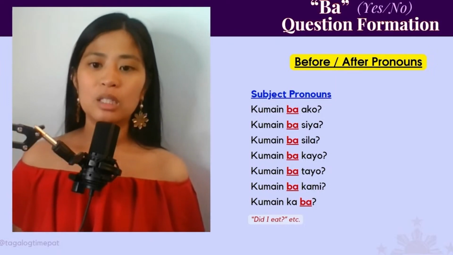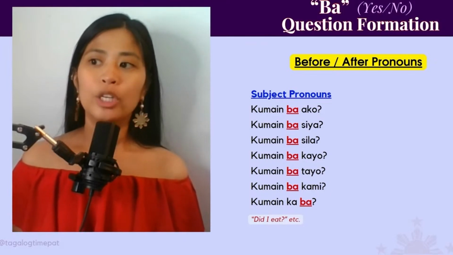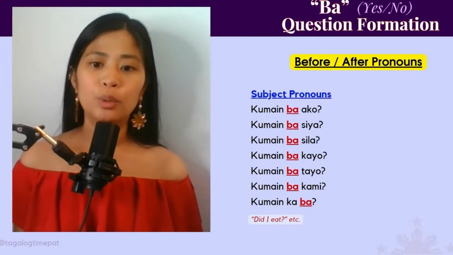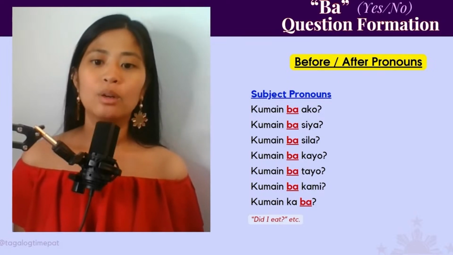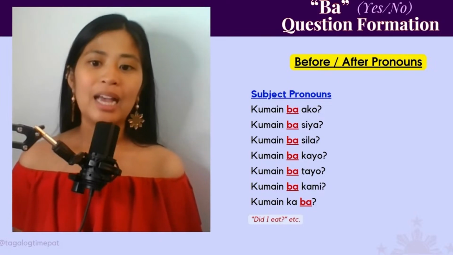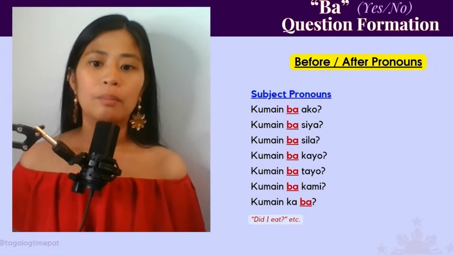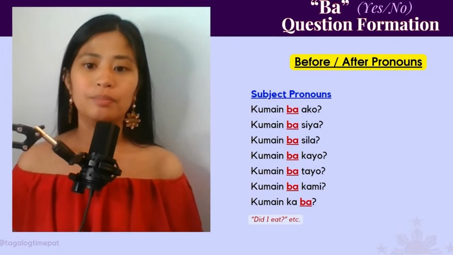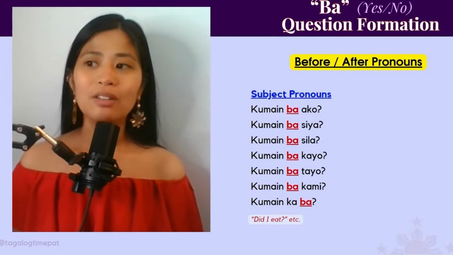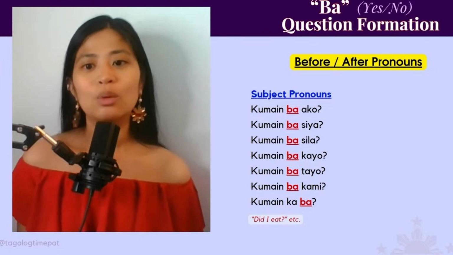But take a look at this pronoun. Kumakain ka ba? When you are using the singular you, ka, ba goes after that. And that's the only pronoun in the subject pronouns when ba would go after it. And I haven't found a rhyme or reason why this happens.